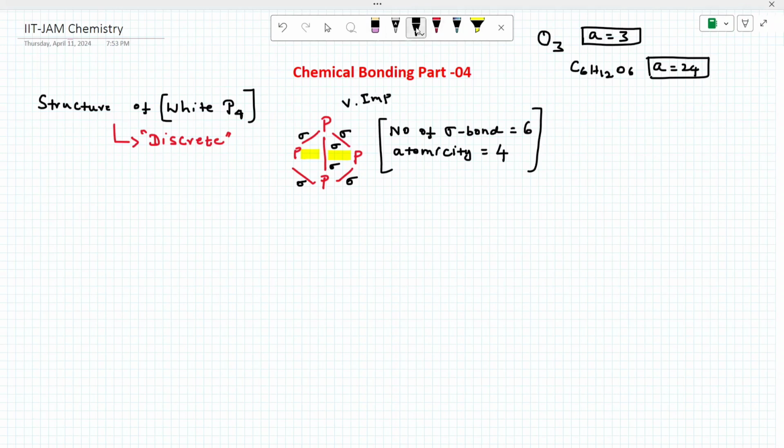What about black phosphorus, the second one? What is the structure of black phosphorus? It's a polymer. This is an orthorhombic structure.